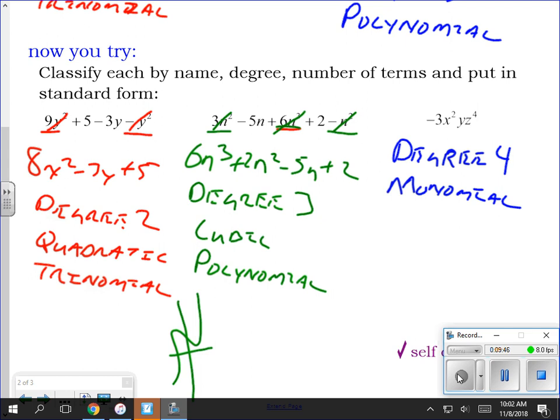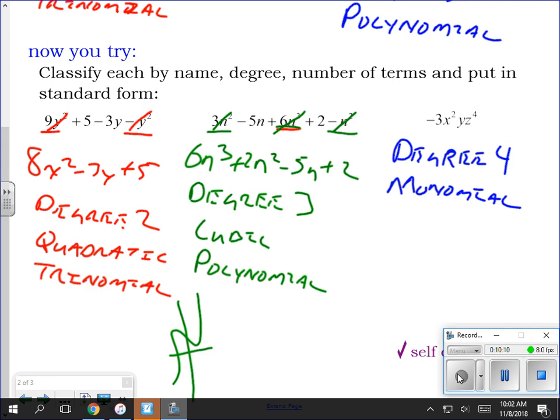No. You should have them in alphabetical order. If you have more than one variable, it's in alphabetical order. And that's a good aside to have. And the largest power of that first variable goes first.